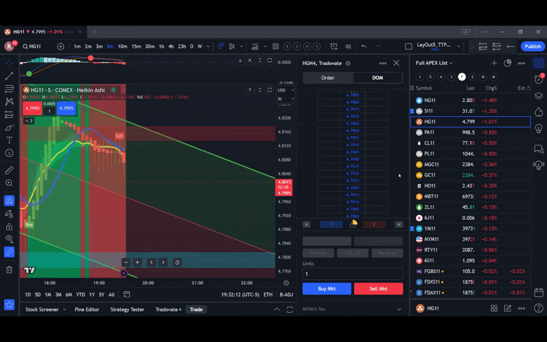We can go and trade. Okay, we entered a short for copper.